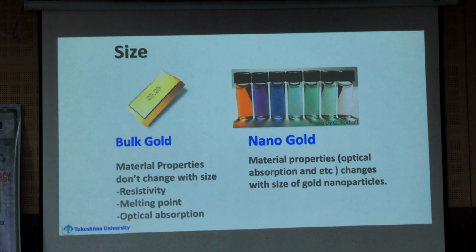Some of you might have gold on your body. This gold is yellow, but when it is transformed or reduced into small size, that is, at nanoscale, you can find those nanoparticles behave differently. And you can get such kinds of color combinations as you change the size.